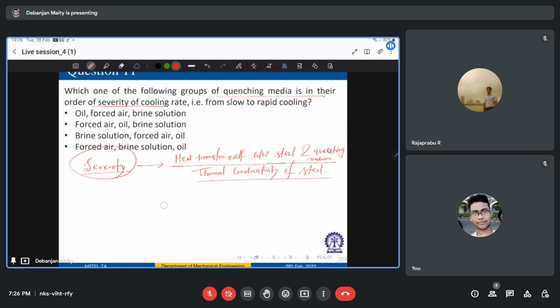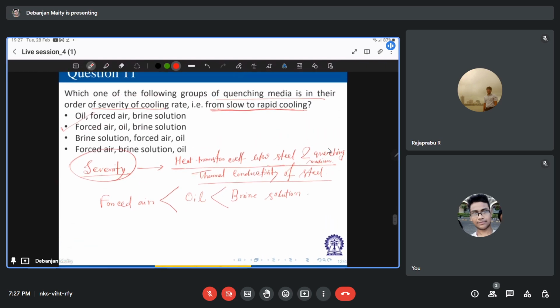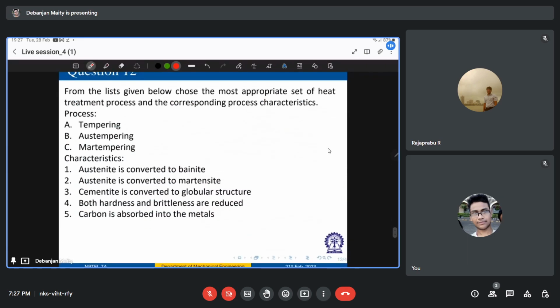Okay, it asks for slow to rapid cooling. So this one is the correct answer. Forced air, this is slow. Then you have oil, and then you have brine solution.